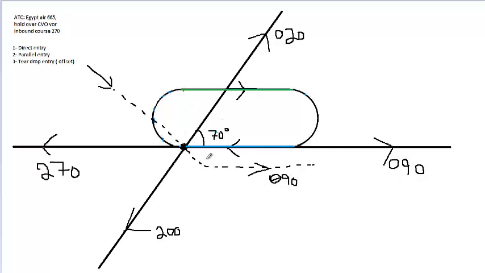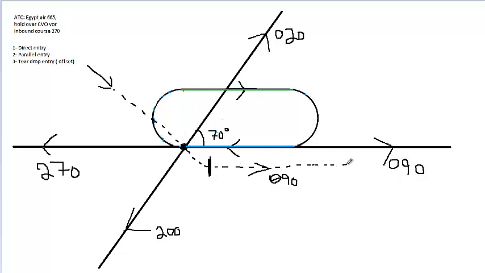Once we are on 090, we start timing from this position. Once we have passed over the VOR station and finished the turn, we time 1 minute. And we continue.